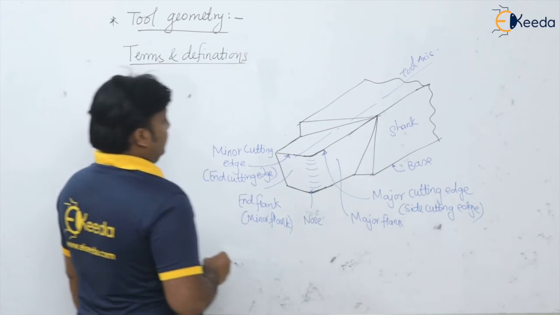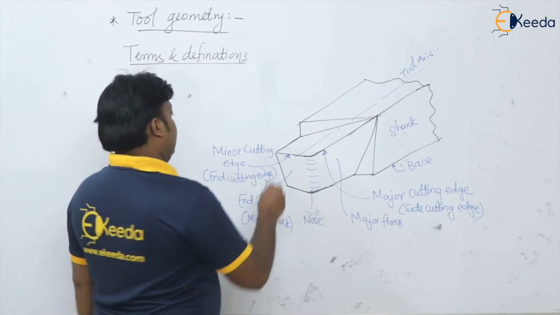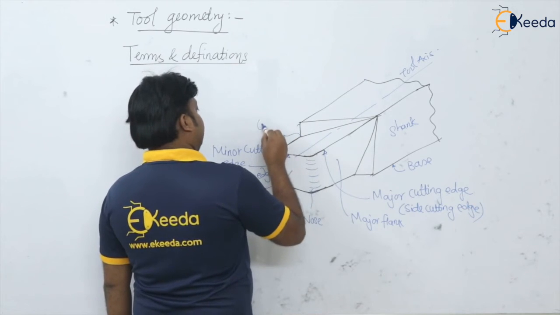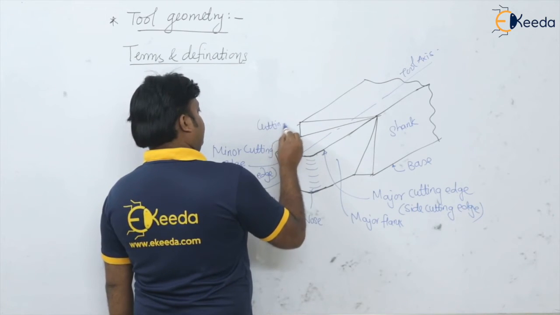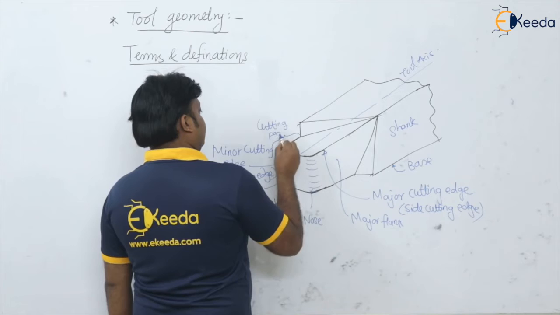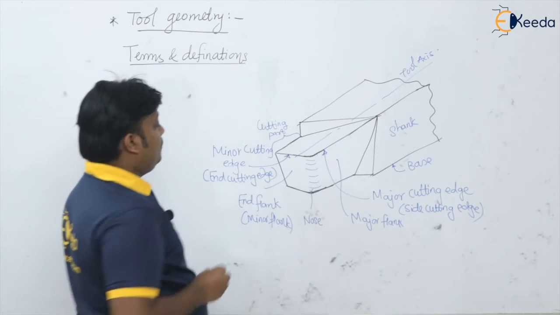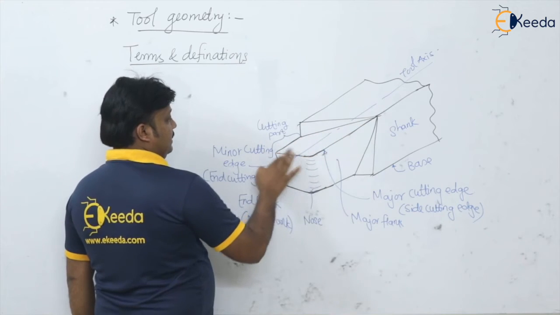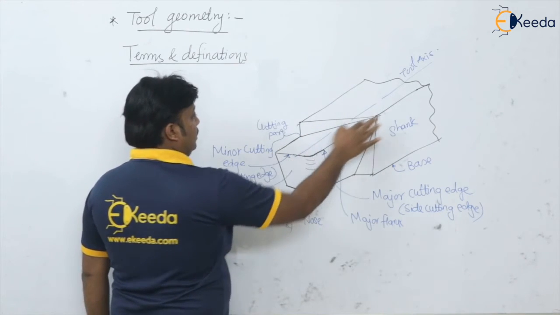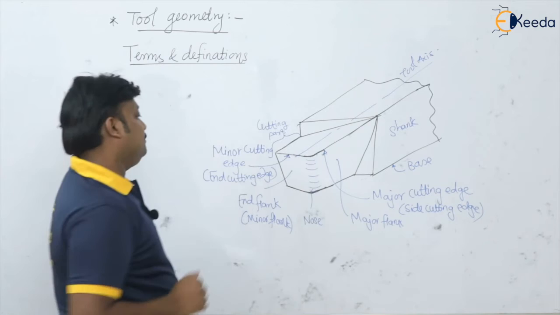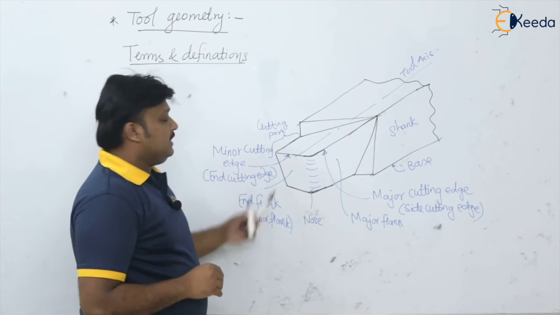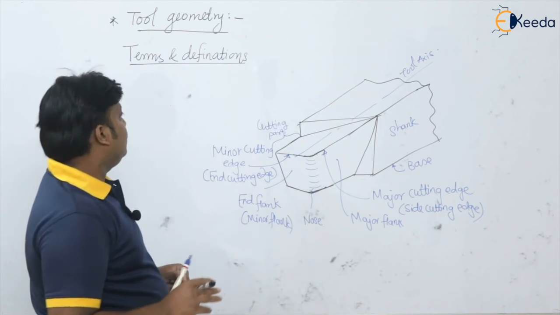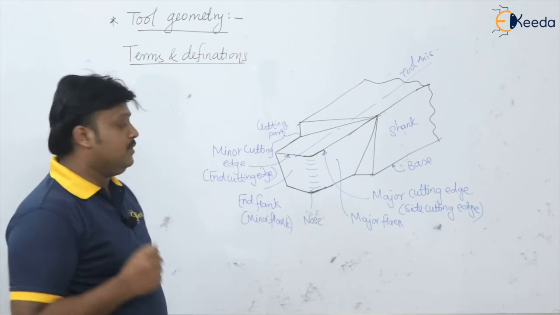So see, these are the basic things, and this is our cutting part of the tool. And you can see here, this is the tool face. So this is the single point cutting tool that we are going to see first.